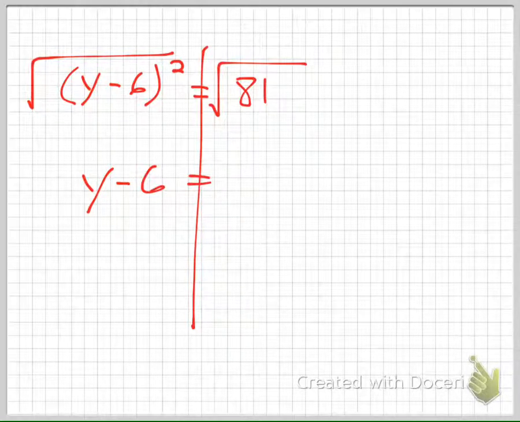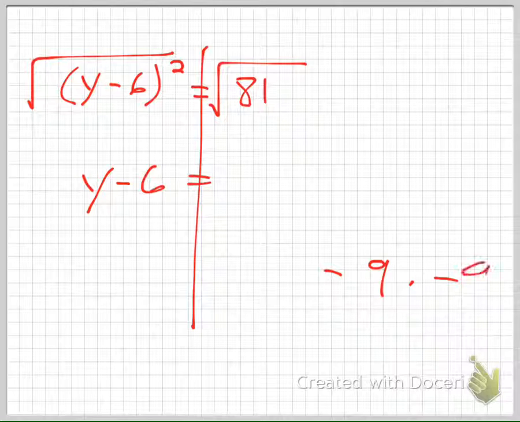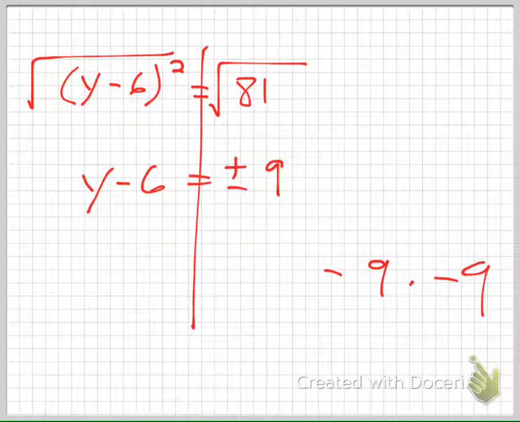I have a question. What is negative 9 times negative 9? Oh, so the square root of 81 could be 9, but it could also be negative 9, right? The square root of any number is not just the positive number of that. It's the positive or negative number of that. So you would put down it's plus or minus 9 because the answer could be negative 9.